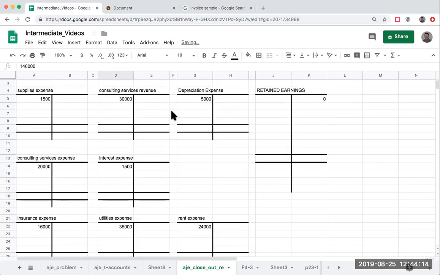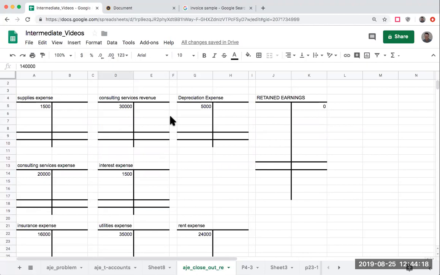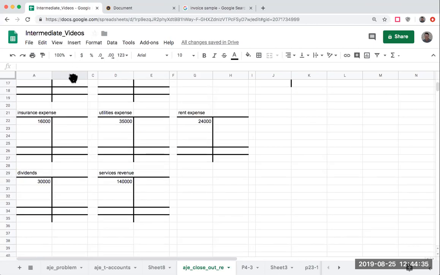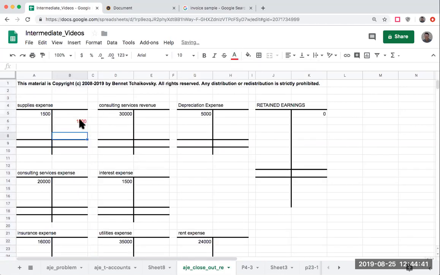What I'm doing at this point is that all of these temporary accounts have to be made 0. How do I make it 0? Well, say here for supplies expense, what do I need to do to make the account 0? Well, I need to credit supplies expense over here, and we'll make it a little bit easier for ourselves as we're going through this.